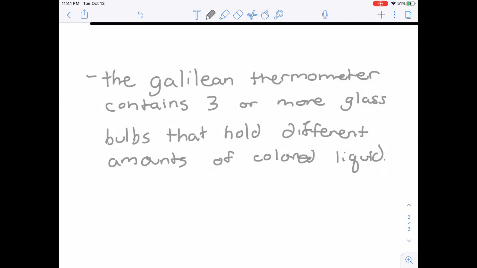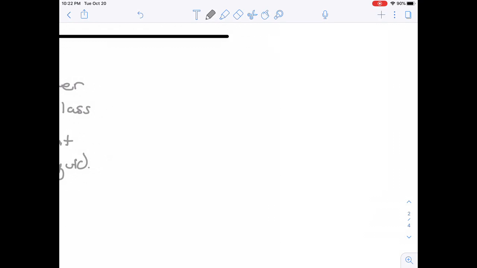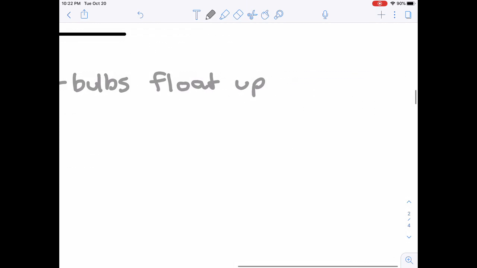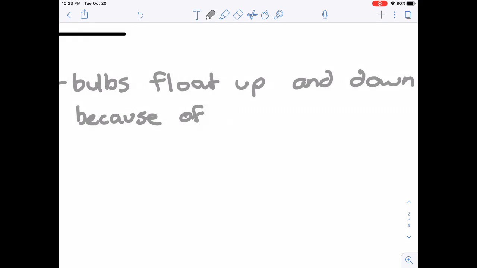So the bulbs in the Galilean thermometer float up and down based on the temperature of the outside liquid, which depends on the temperature of the outside air. But why exactly do the bulbs float up and down, and how does this relate to density?